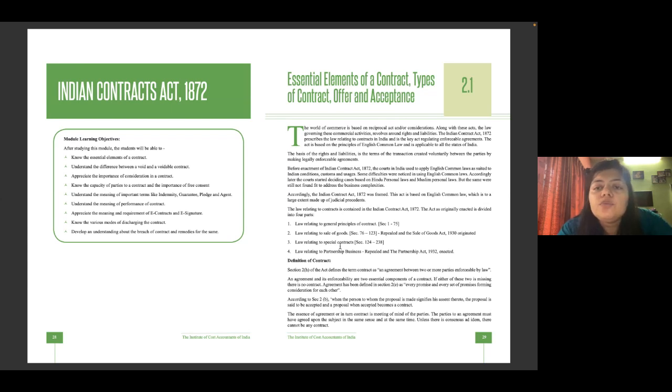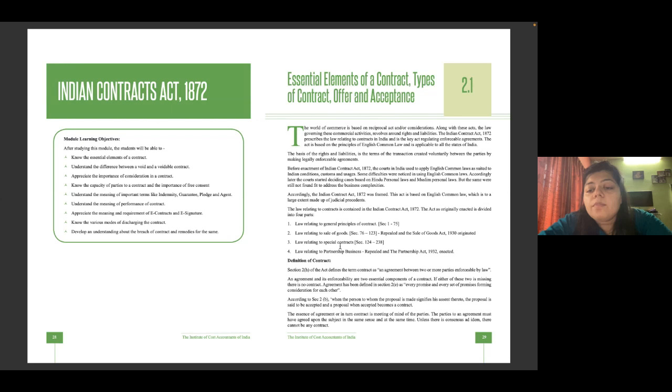Now let's look into the Indian Contract Act in detail. The law relating to the general principles in the Indian Contract Act has been dealt with under section 1 to section 75.